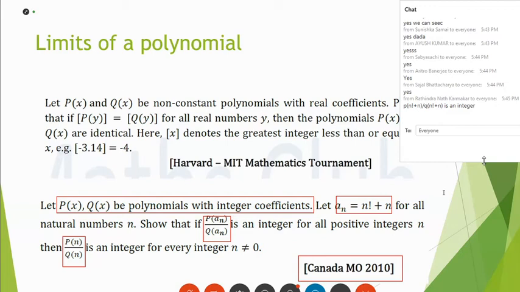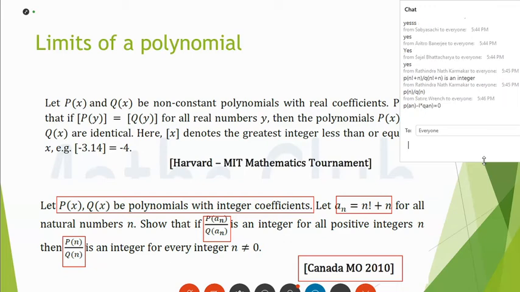It can be defined, but you have not learned yet. Then you have to show that P of n by Q of n is an integer for every integer n such that, sorry, Q of n is not equal to 0. There is a small mistake here. Q of n should be non-zero.